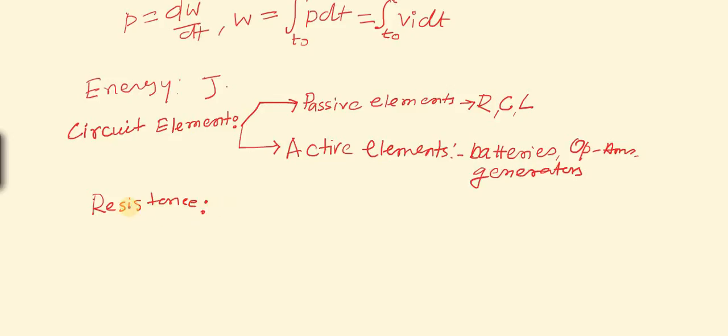You also know that resistance is defined from Ohm's law. What is Ohm's law? Ohm's law tells us that when temperature remains constant, through a uniform cross-section wire, the potential difference V is directly proportional to the current flowing through that wire.